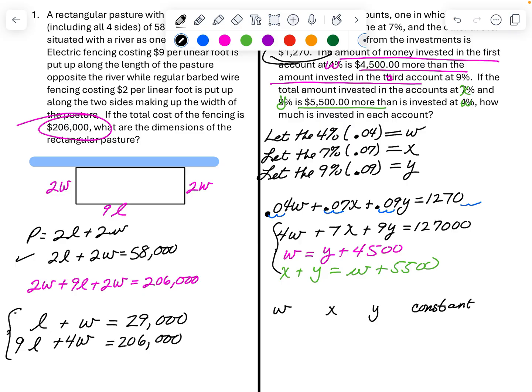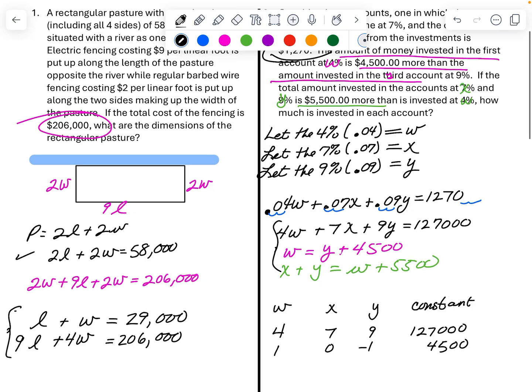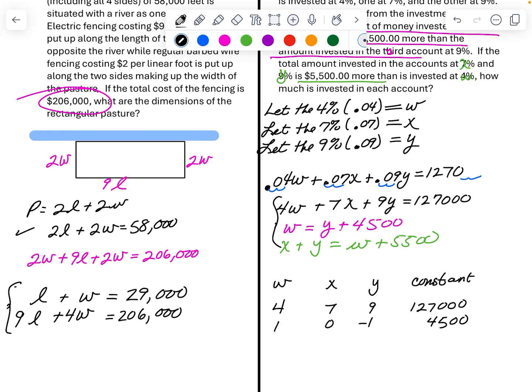And I would rewrite it as 4, 7, 9, and 1270; 1, 0, -1, 4,500; and -1, 1, 1, 5,500. And I would use a matrix.